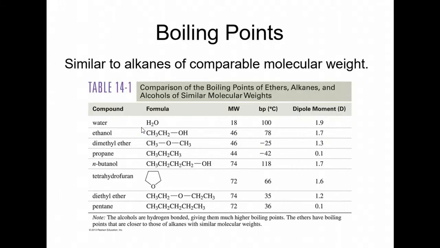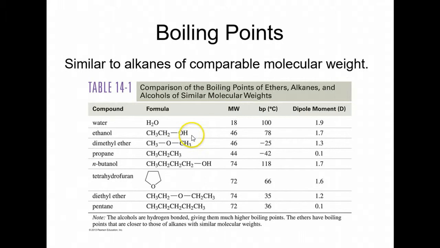Here are some of the boiling points, just to show you the difference between boiling points of things of the same weight, with respect to the types of intermolecular bonding they make. Everything's always compared with water. Water has one of the smallest weights, but its boiling point is one of the highest, and that's because of the H bonding it does.